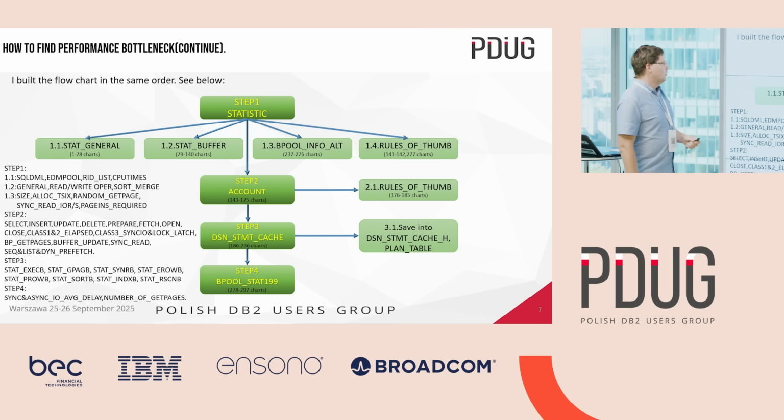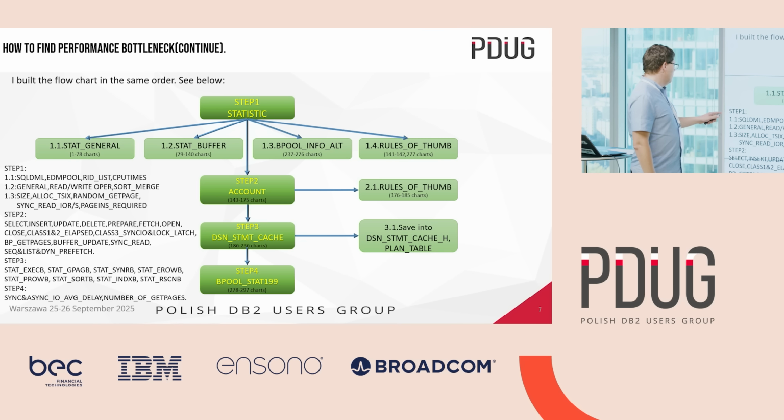Buffer pool subgroups 1-3 provide much information like the current size of the buffer pool, random get page, synchronous write IO, random sequential operations, pages required, and others.